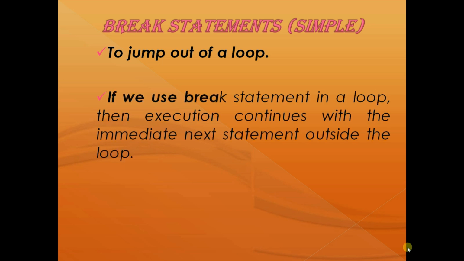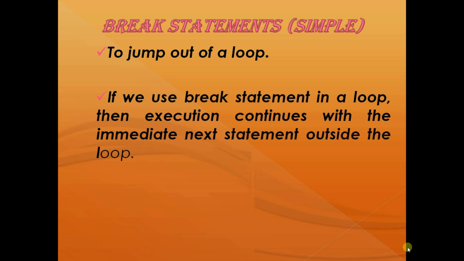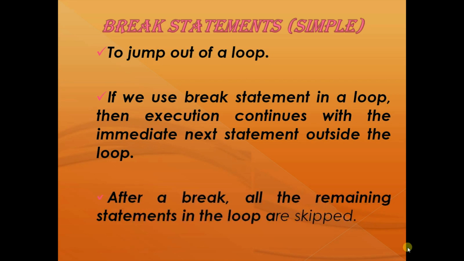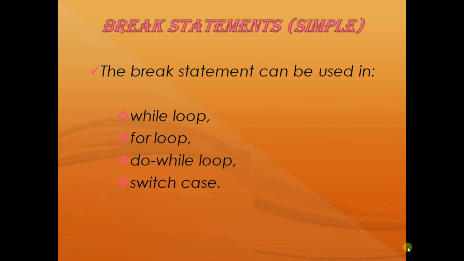If we use a break statement in a loop, then execution will continue with the immediate next statement outside the loop. And after a break, all the remaining statements in the loop are skipped. The break statement can be used in a while loop, for loop, do while loop, and in a switch case.